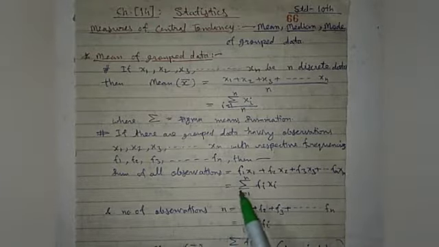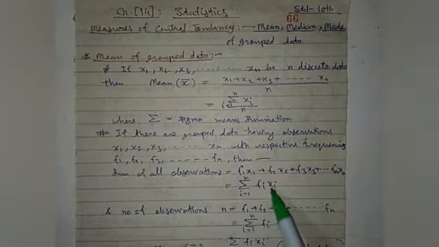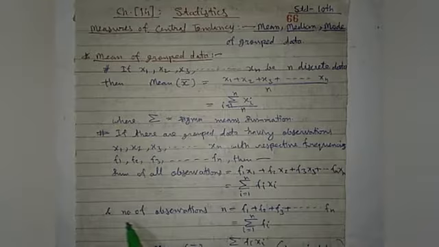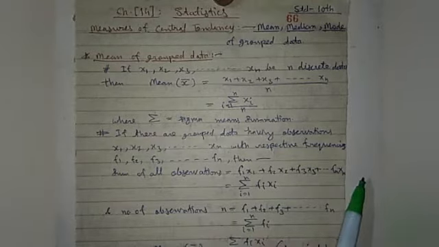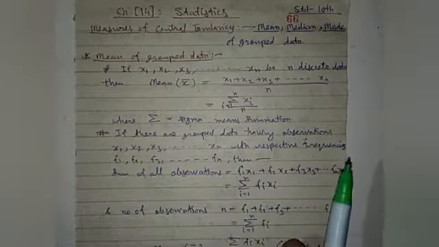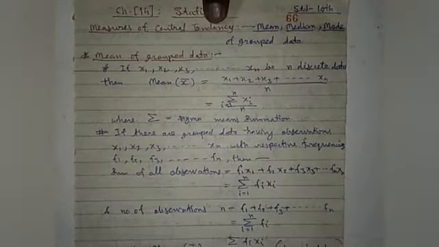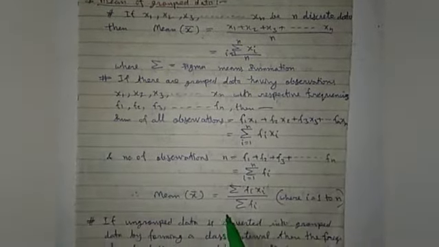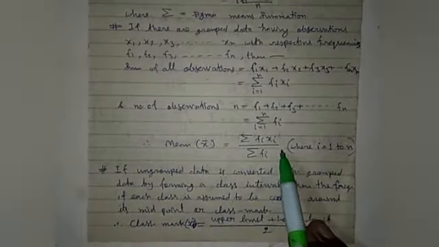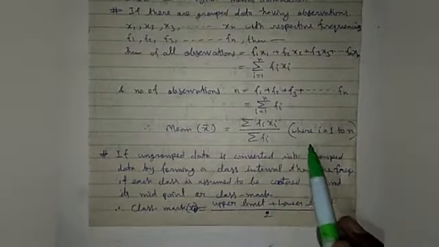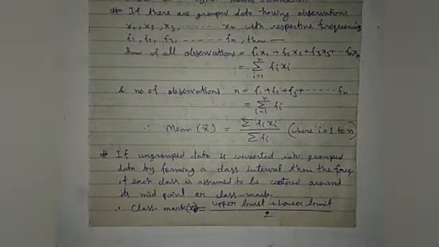So it is equal to the summation of fi xi, where i goes from 1 to n, and the number of observations n is f1 plus f2 plus f3 plus fn, which is the summation of fi. Hence the mean x bar is equal to the summation of fi xi divided by the summation of fi, where i goes from 1 to n.